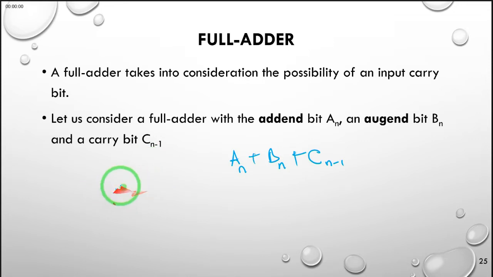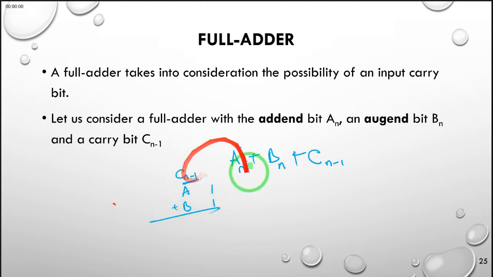Assume we are adding A plus B, like 1 plus 1, but with the possibility of a carry bit that is coming from the previous operation, Cn minus 1. That is why we are talking about n minus 1, because we always carry from a previous operation.